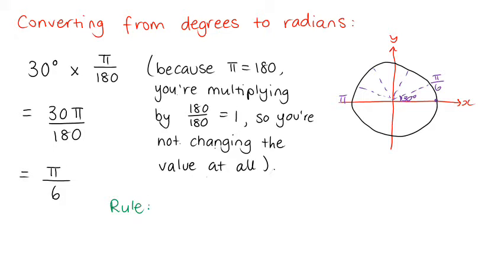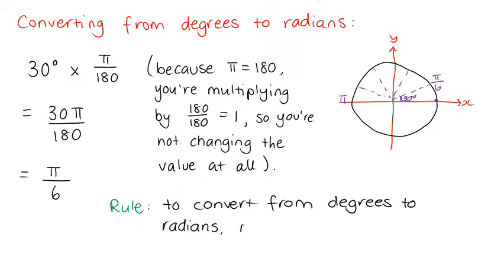So here's your rule. To convert from degrees to radians, multiply by pi on 180.